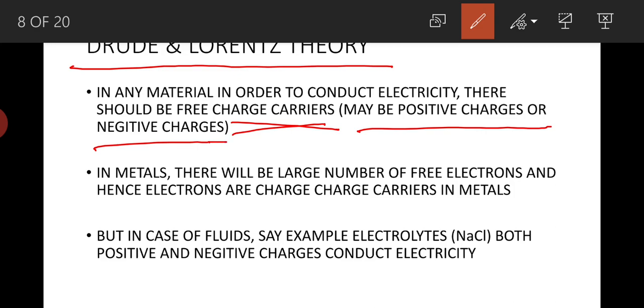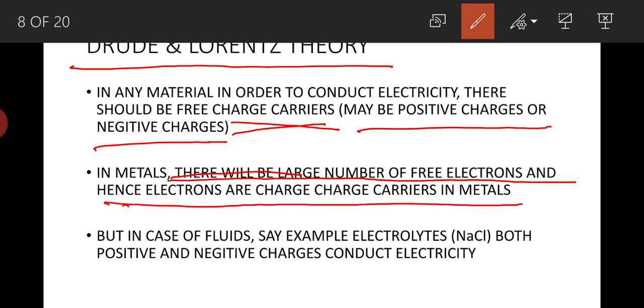If any free charge carriers, like negative charges in the sense of electrons, or positive charges in the sense of protons, are present in the material, then that material can conduct electricity. In metals, there will be a large number of free electrons, and hence electrons are the charge carriers in metals.